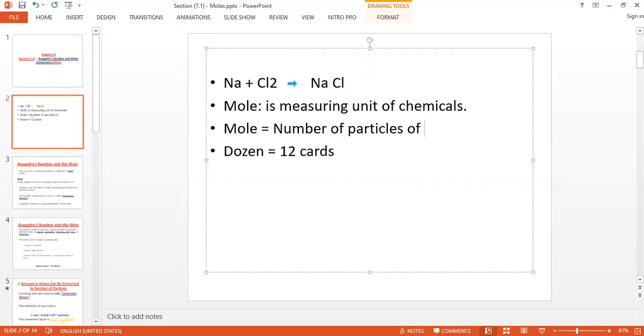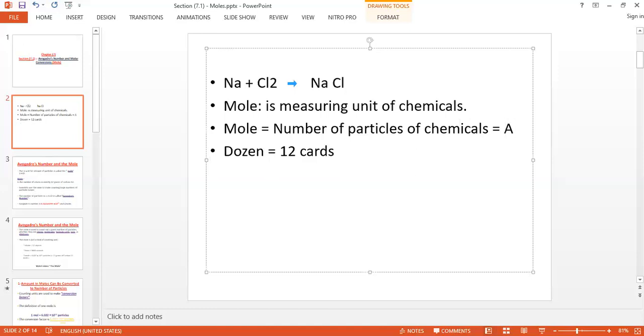But here, we need to know what is the number that represents a mole, as we now know that the number of a dozen is 12. So what is the number of particles which equals a mole? A Greek scientist called Avogadro gave us this answer.